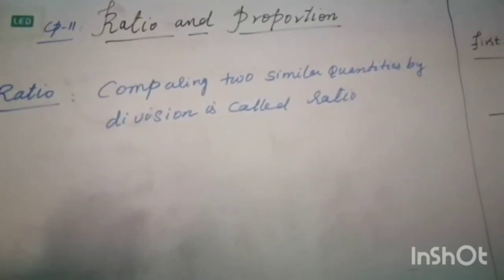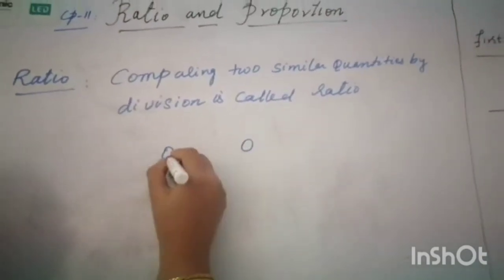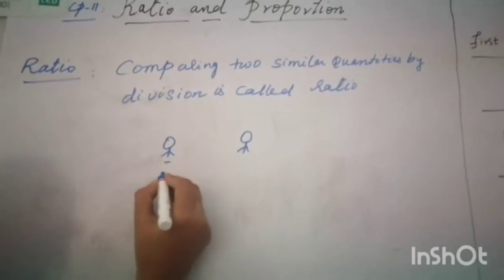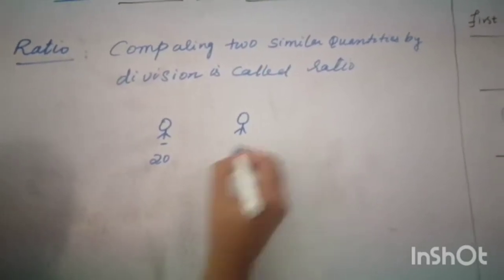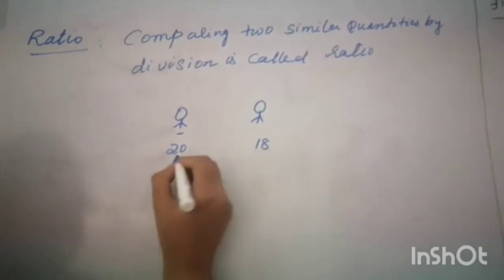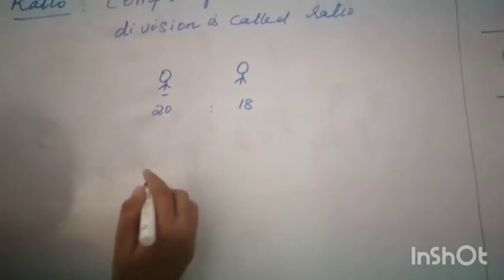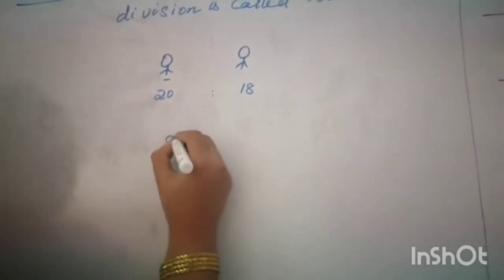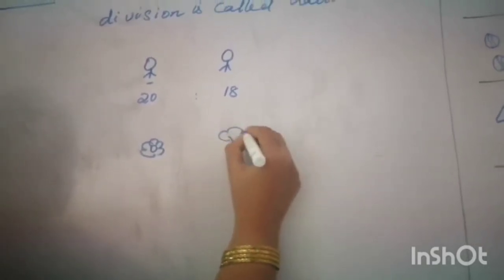For example, I have two daughters. In her FA3 she got 20 on 20, and the other got 18 on 20. One girl got 20 marks, one girl got 18 marks. Can I compare? Yes, I can compare. If I want to compare flowers to trees, can I compare?